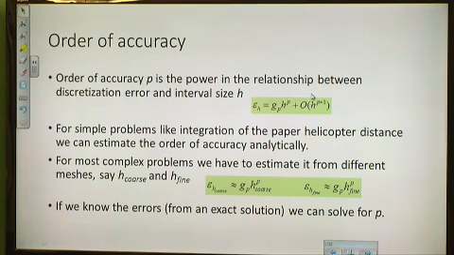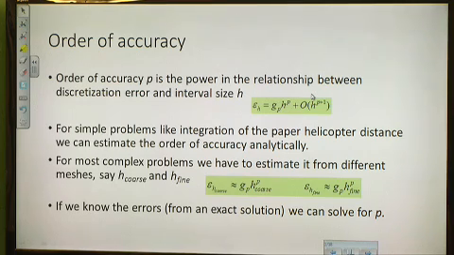So when h becomes very small, you can neglect the second term, and you will see that the error reduces like the mesh size to the power p. And so for simple problems like the helicopter or the Euler integration that we did, we can estimate it analytically. In our case, p was equal to 1.